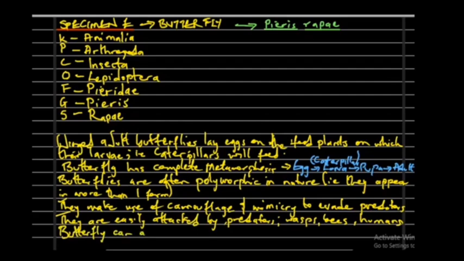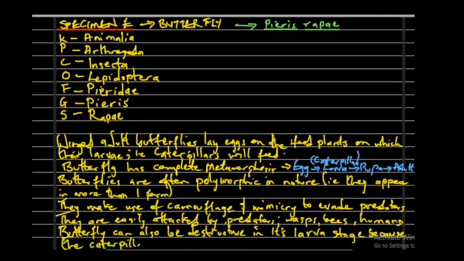Butterfly can also be destructive in its larval stage because the caterpillar feeds on crop leaves or stems. So that is another thing that we need to look at in talking about the butterflies.